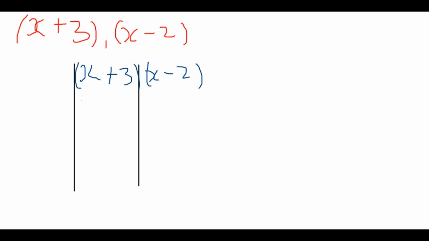So if we divide by x plus 3, it will cancel and we'll be left with 1 here. Now what of x minus 2? Does the x cancel x here, and do we bring down minus 2, or do we also divide by x minus 2?